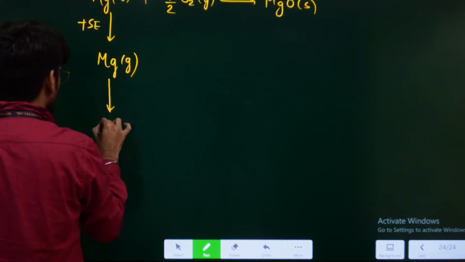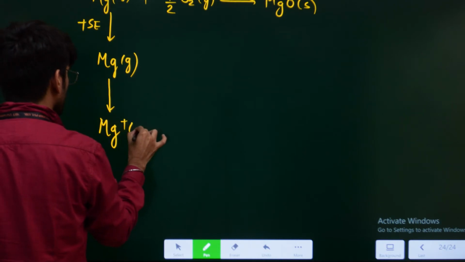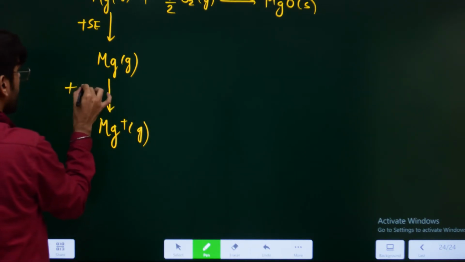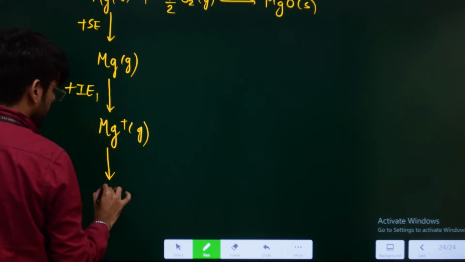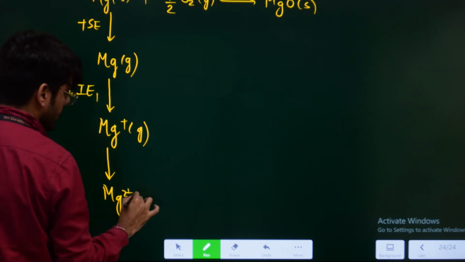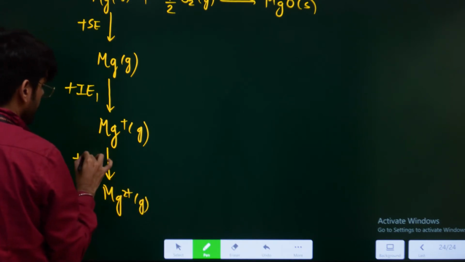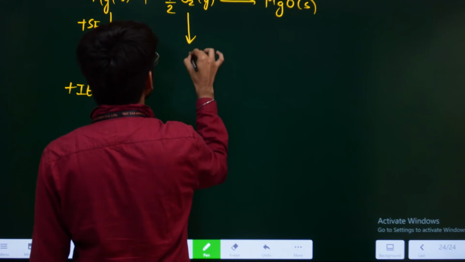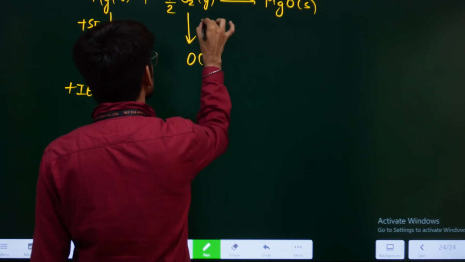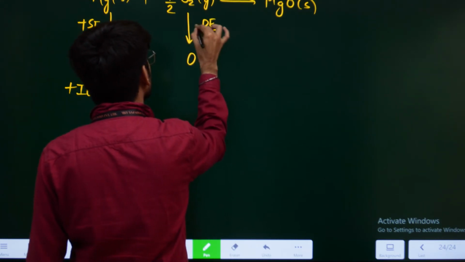Yes, sir. Then I need to change it into Mg plus. What is this energy? Plus IE, ionization enthalpy 1, because obviously this is Mg2 plus, most stable, plus IE2. Similarly, I need to change it into O gaseous, dissociation energy upon 2.